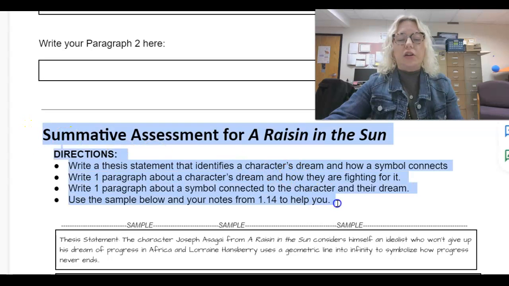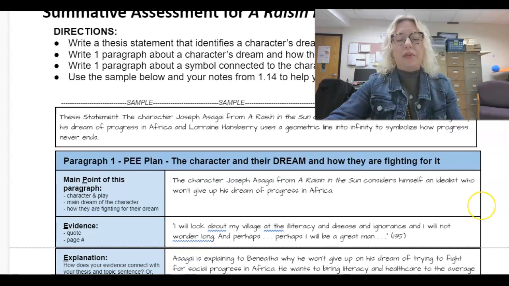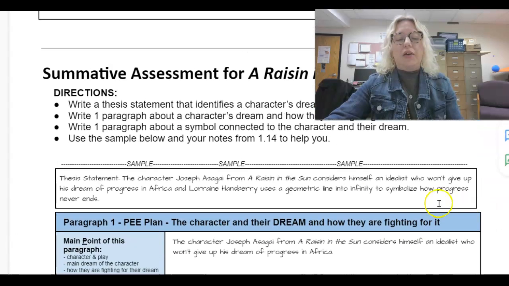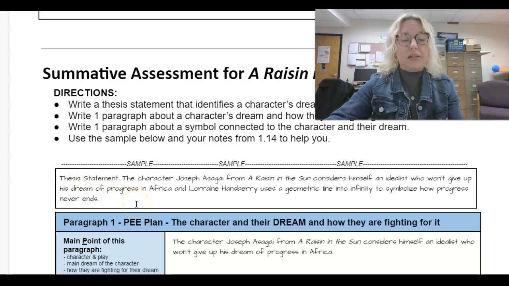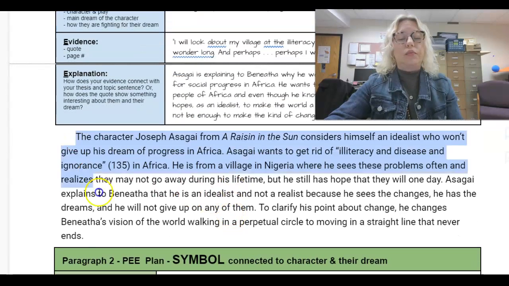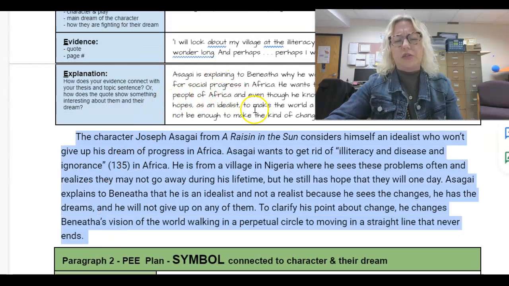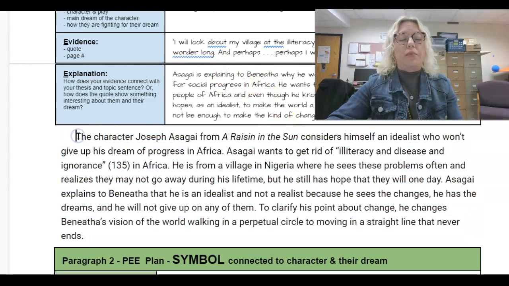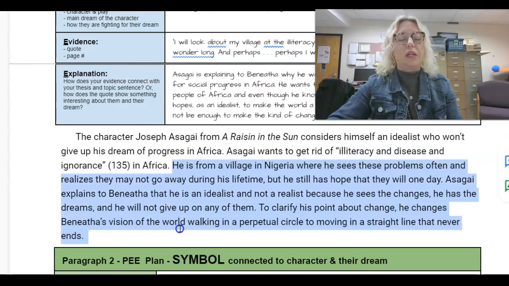First of all, the directions are here, and I just went over those. I've got that sample again for you, and I'm showing you how you would go from the stuff you had in Mastery Check 14, which was your thesis statement, your main point, your evidence, your explanation, to the actual paragraph where you would have that main point typed up first, and then you would have the evidence, and then you would have the explanation.